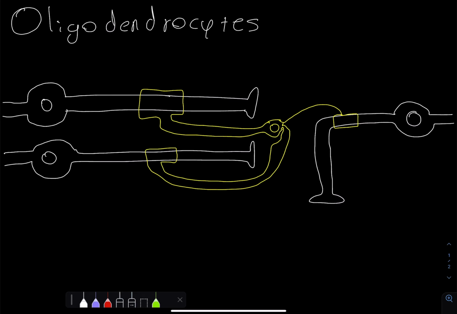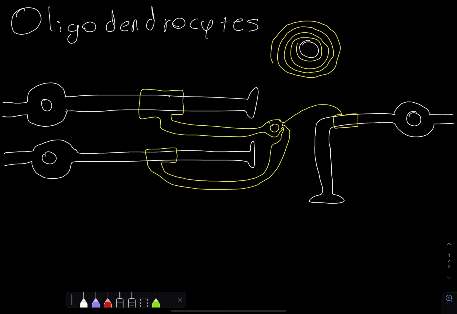If you look at a cross section, let's say that we have an axon, and we have myelin around it. The myelin is going to be in these concentric layers. They're going to just surround over and over the axon, and then fold on itself and go all the way back.